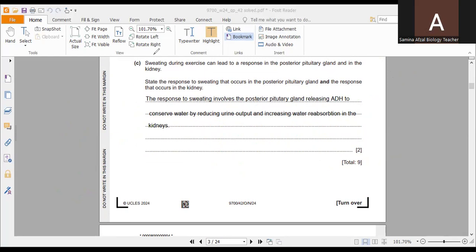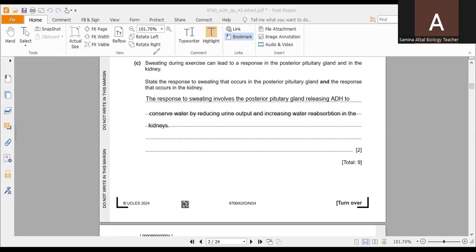Sweating. What happens during sweating? Exercise generates heat, and sweating is the body's mechanism to cool down through evaporation.